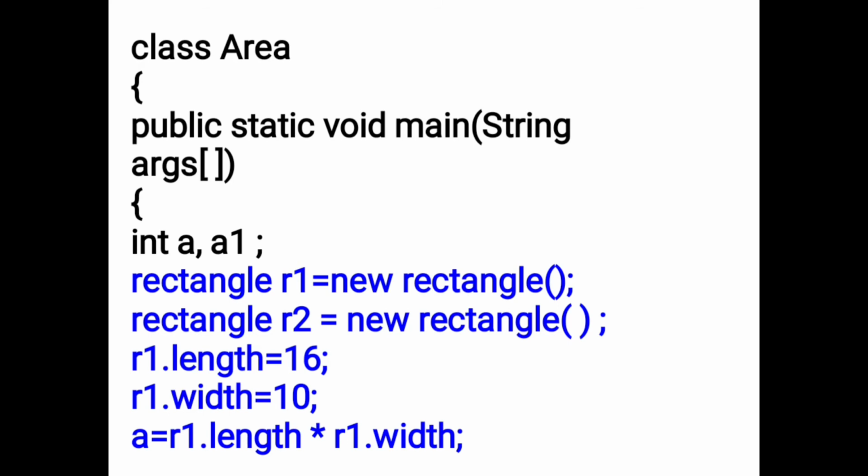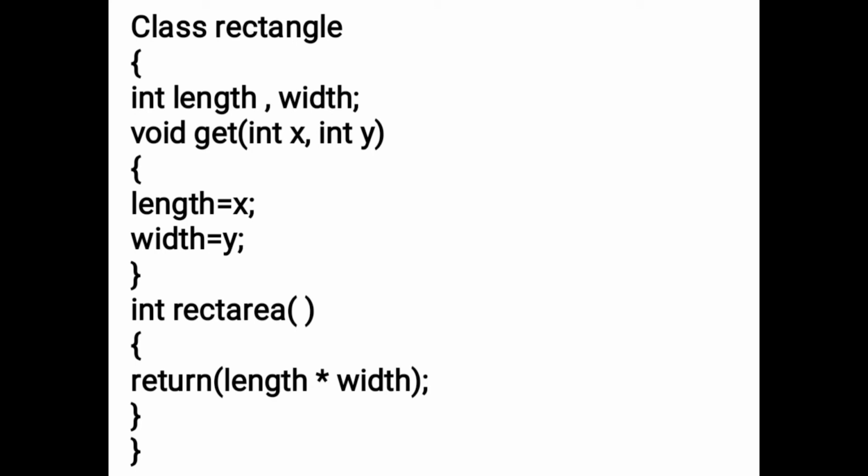And thereafter in this main method I am declaring two variables, of integer type, because we are calculating and storing in these variables, that is a and a1. And two objects are created using the Rectangle class. Using this class, I am accessing the length and width.